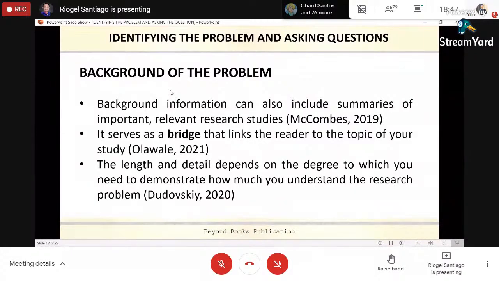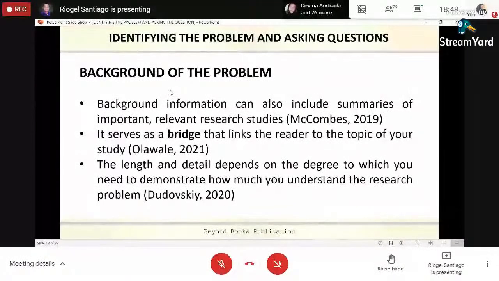Now, the length and detail depends on the degree to which you need to demonstrate how much you understand the research problem. Kasi minsan depende po. I know some of my co-educators here, yung mga research enthusiasts natin, maybe will agree on what I'm saying, na minsan depende nga sa pine-prescribe ng institution yung background of the problem or yung introduction part.